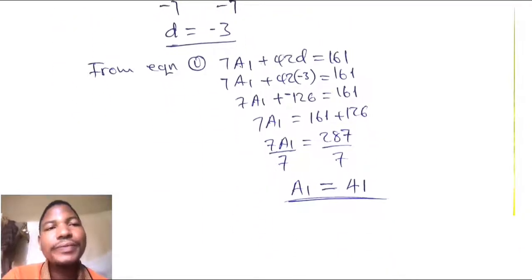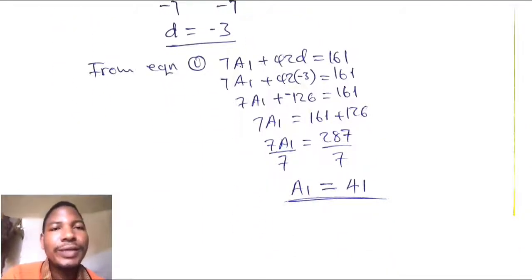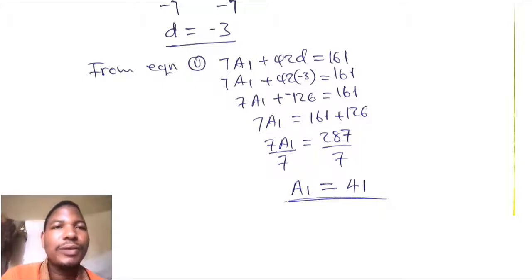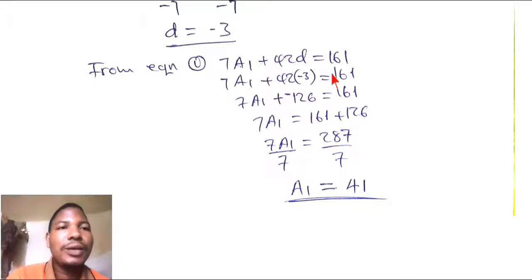But you can use either the first equation or the second equation to find the value of the first term. Okay, let me use the first equation, which says that 7 first term plus 42d is equal to 161, but we know that the value of d was equal to negative 3, so plug the value of d here will be 7 first term plus 42 times d, negative 3, is equal to 161.